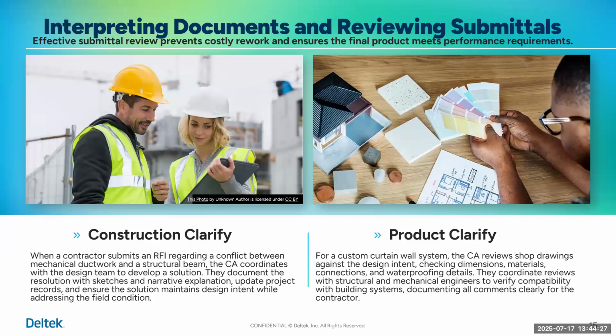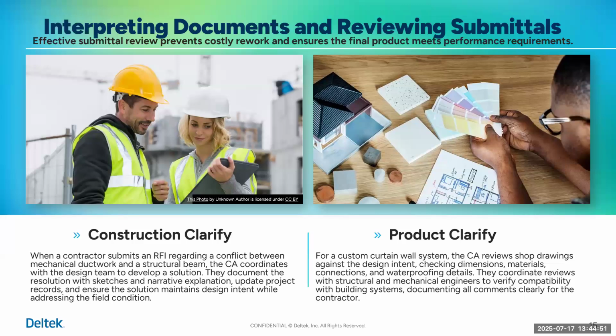They will definitely coordinate that with the project team to make sure there are no conflicts, that the information is there, and that everyone is on the same page before a decision needs to be made.